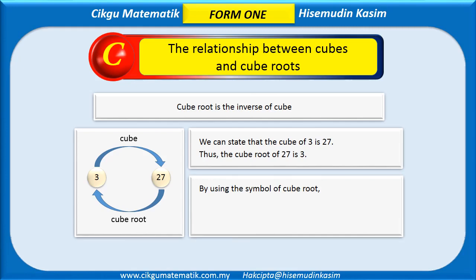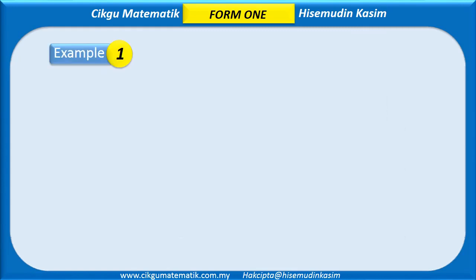By using the symbol of cube root, we write cube root of 27 equals 3. We read it as cube root of 27 is 3. Example 1.